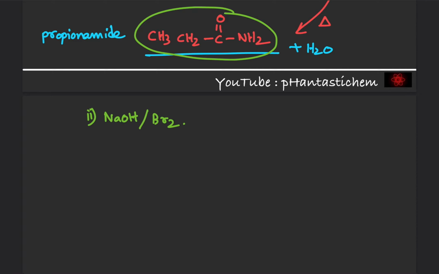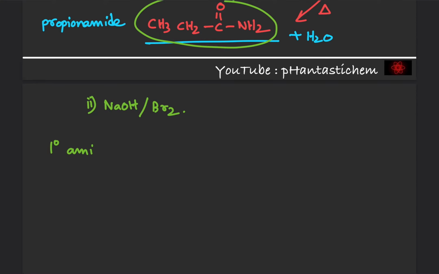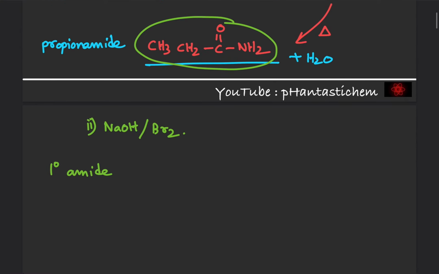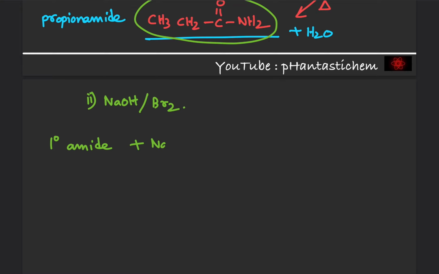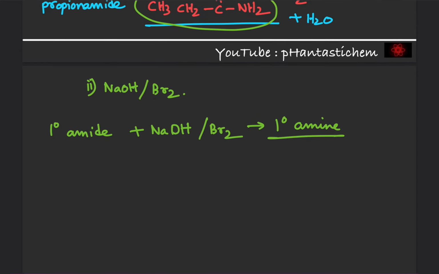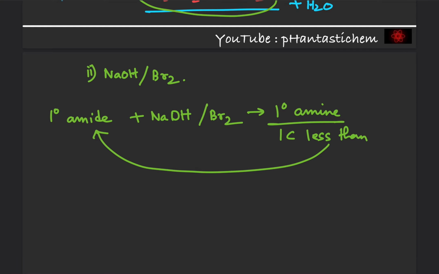We should know that when a primary amide, and in our case propionamide is a primary amide, is treated with a solution of sodium hydroxide and bromine, it gives a primary amine which has one carbon less than the original amide. So this amine has one carbon less than the amide that we started with. This is the famous Hoffmann bromamide degradation reaction.